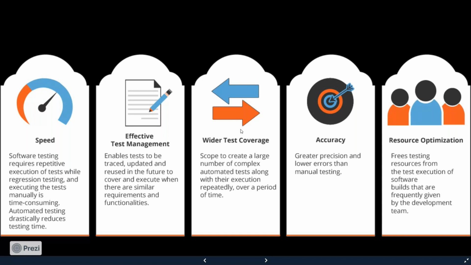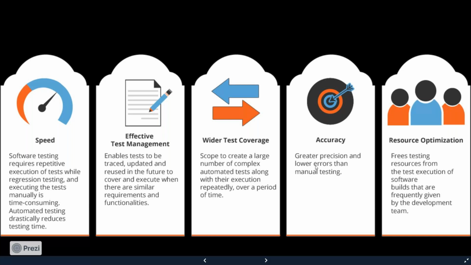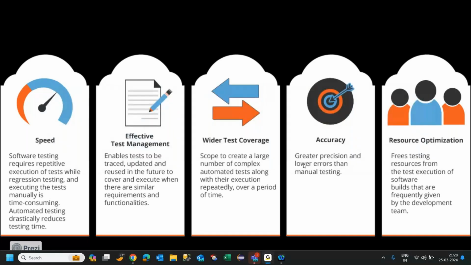Accuracy. The beauty of automation testing is that it executes the test cases with greater precision and avoids errors compared to manual testing. Got it, guys? Suppose out of 1000 test cases, 800 are automated.